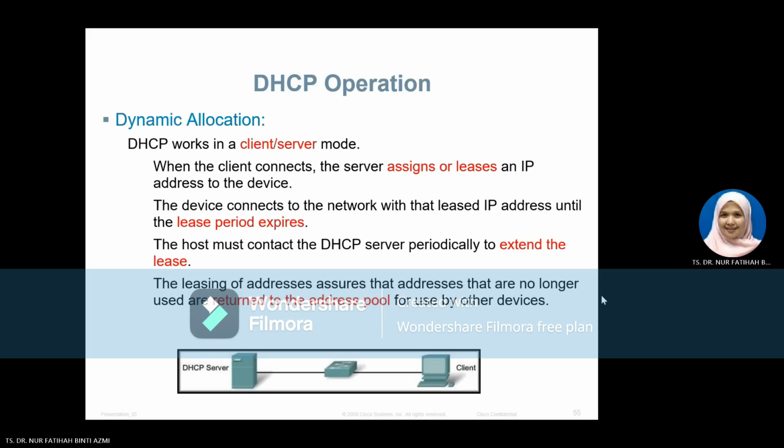In dynamic allocation, it will use the client-server system. It means that when your device, the client, connects to the network and needs an IP address, it will talk to the DHCP server, and then the server assigns, or more accurately, leases an available IP address to your device. The lease is not forever.